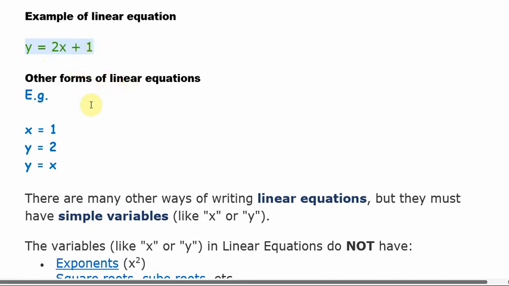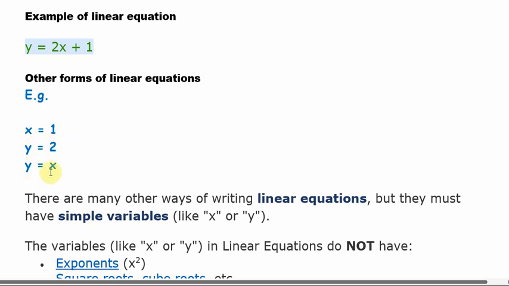There are other forms of linear equations or other ways of writing linear equations. For example, we have linear equations where we only have one variable, like x being equal to some real number. In this case, we have x equal to 1. Or we have y equal to some number. In this case, we have y equal to 2.